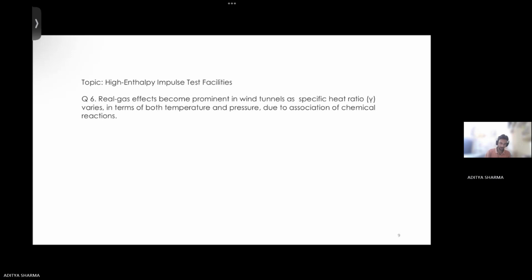The next question is again on high enthalpy impulse test facilities, and it says that the real gas effects become prominent in wind tunnels as specific heat ratio varies in terms of both temperature and pressure due to association of chemical reactions.